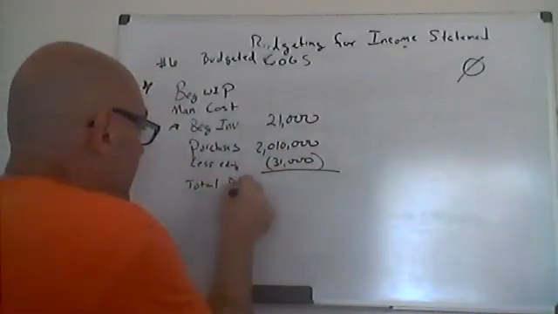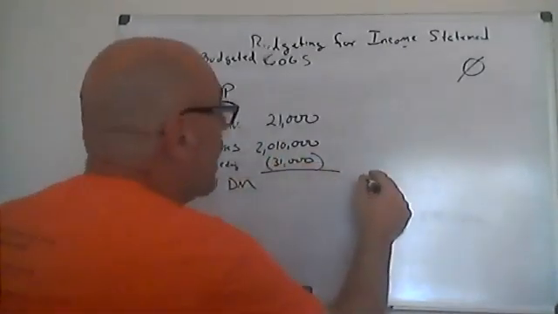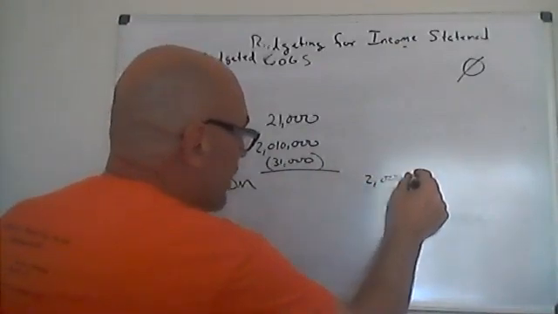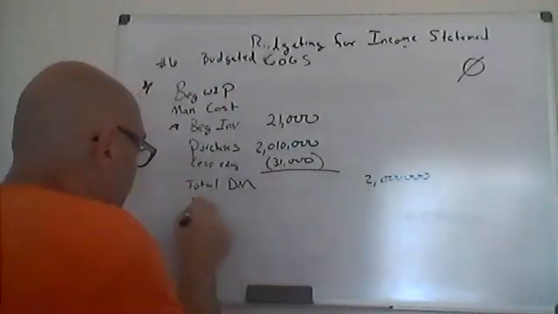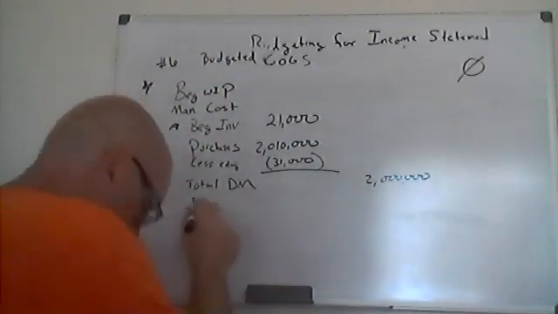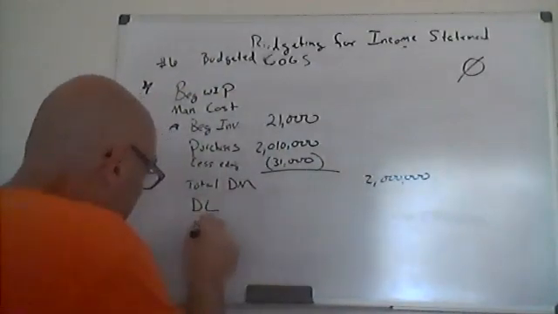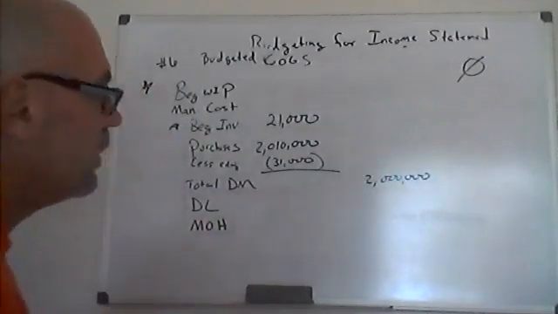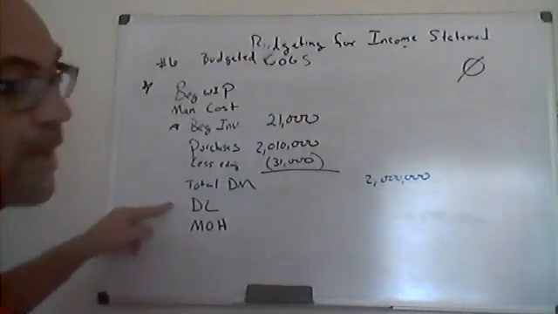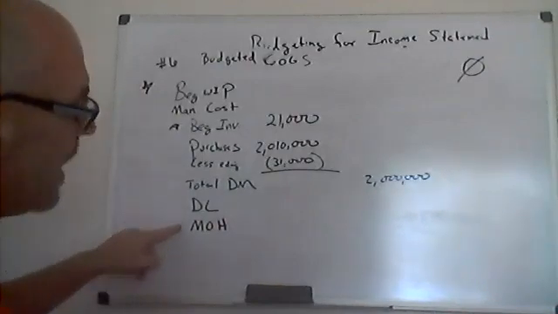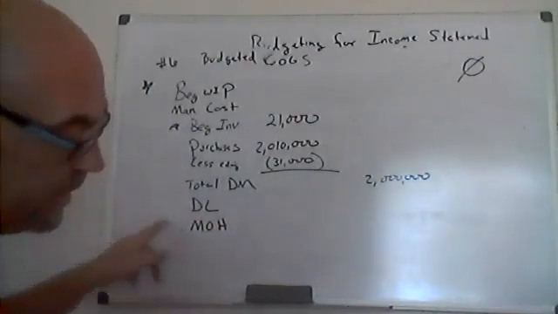Our total direct materials about the 2 million. To that, we add the direct labor and the manufacturing overhead that we found in the direct labor budget, step 4, and the manufacturing overhead budget, step 5.